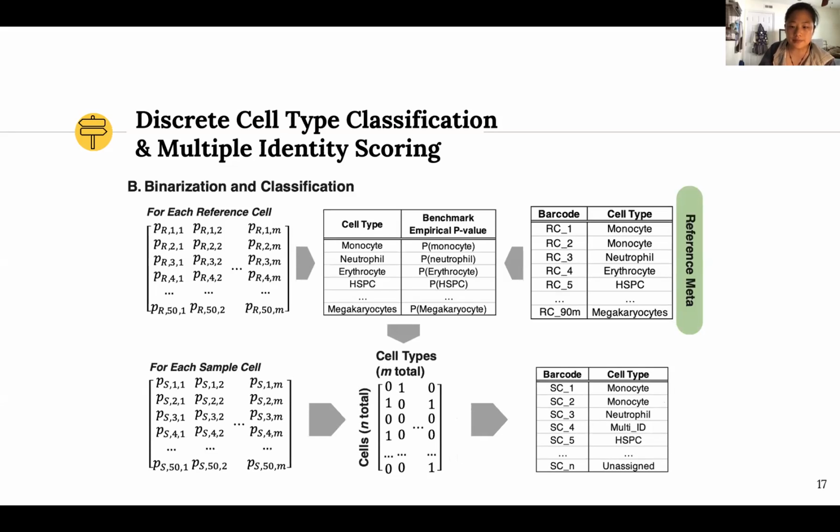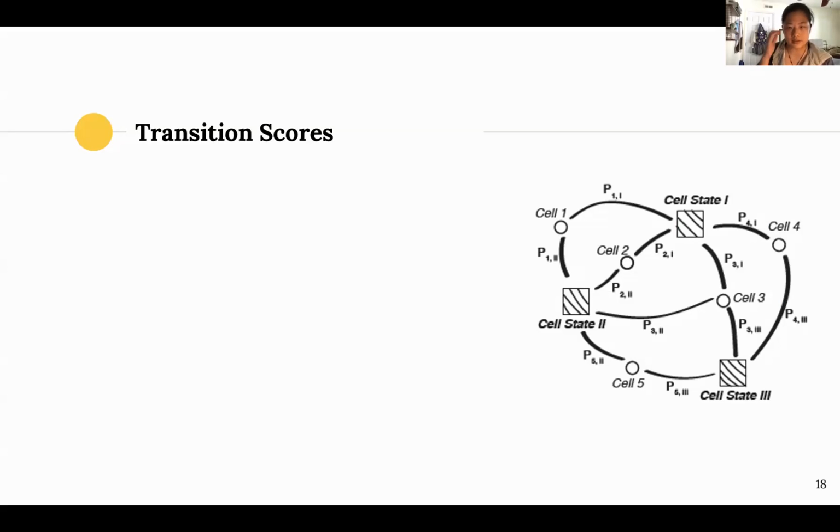The last part of demonstrating the method is to discuss the transition score, which is a development from the multiple identity cells. Here I will explain the transition score in this model, where each cell state is a discrete cell type, and the cells connecting the cell states are the cells having multiple identities going to the two different cell states.